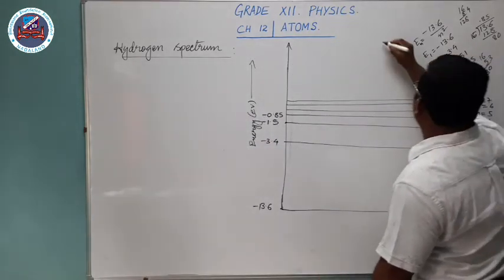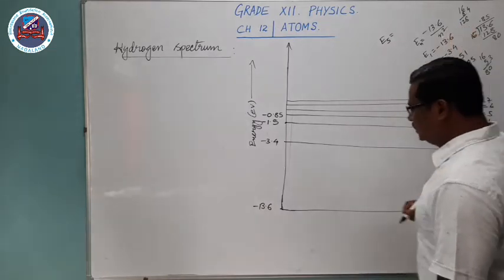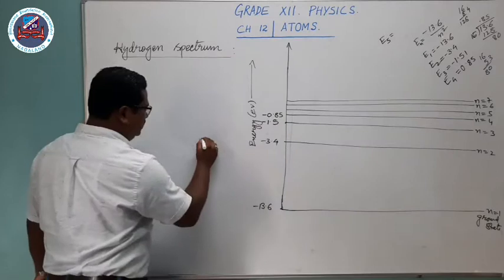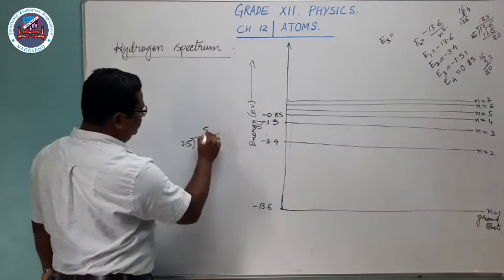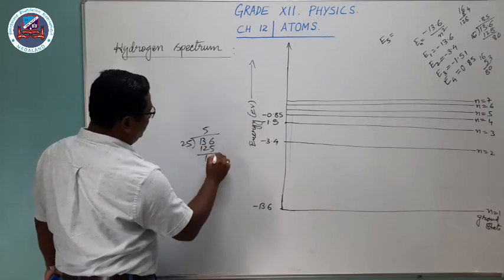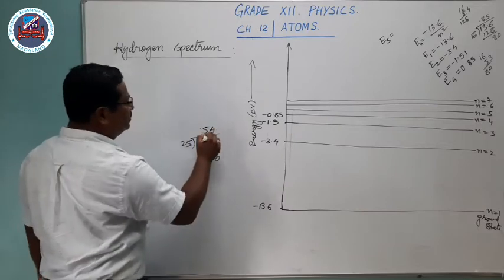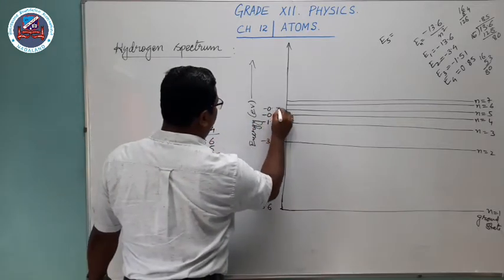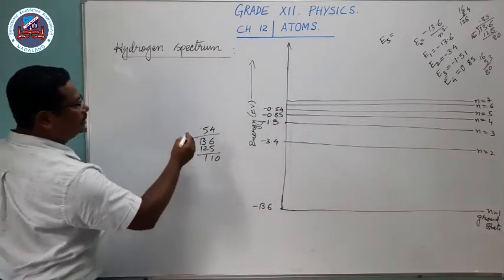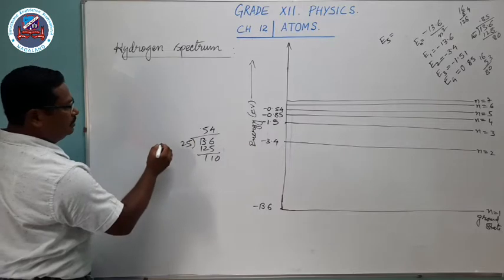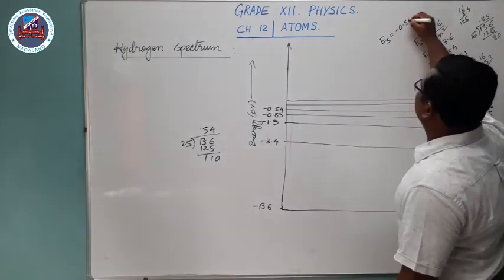Then E5: 5 square is 25, so 13.6 divided by 25, which is minus 0.54 electron volt.